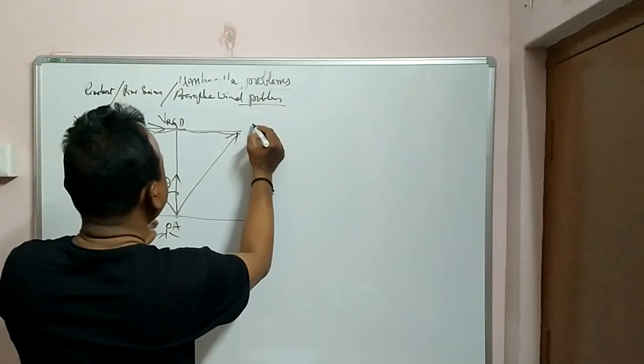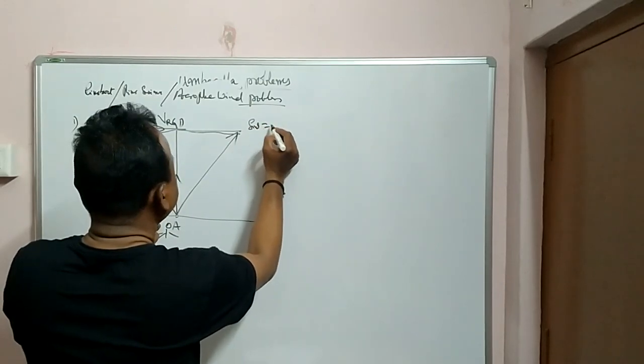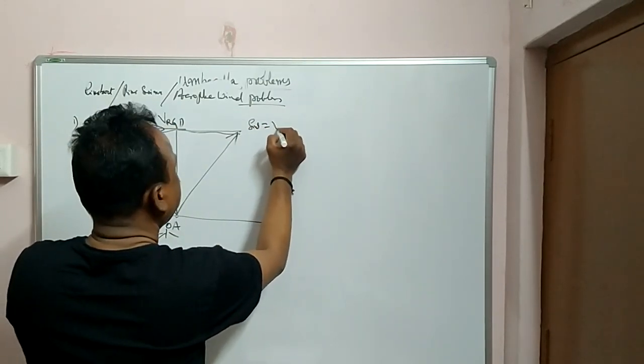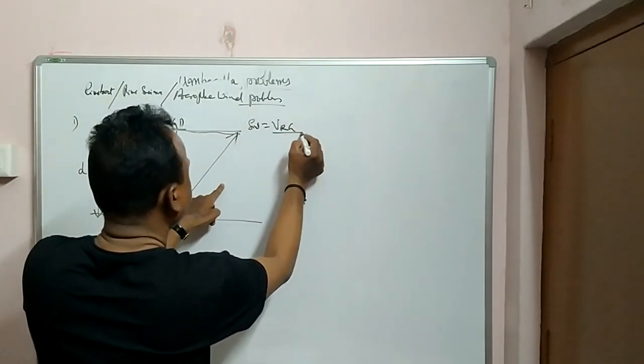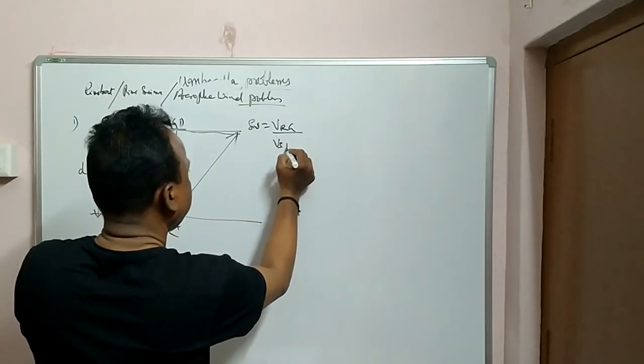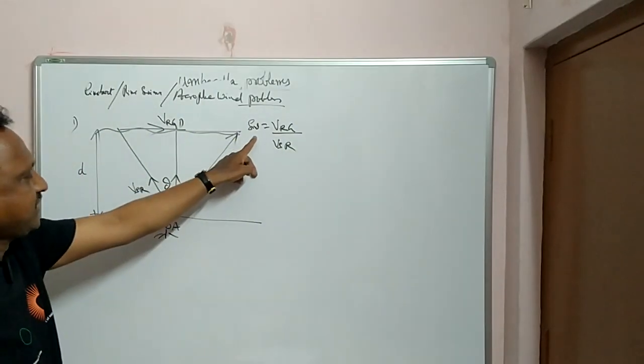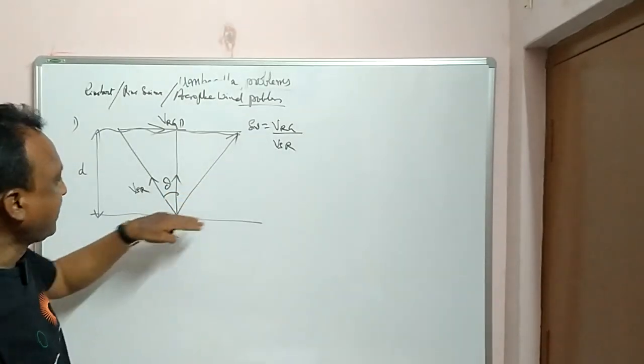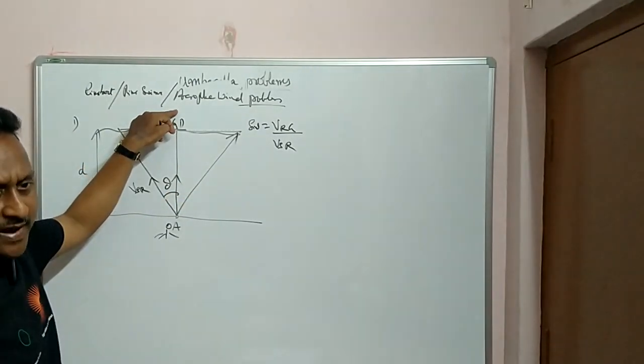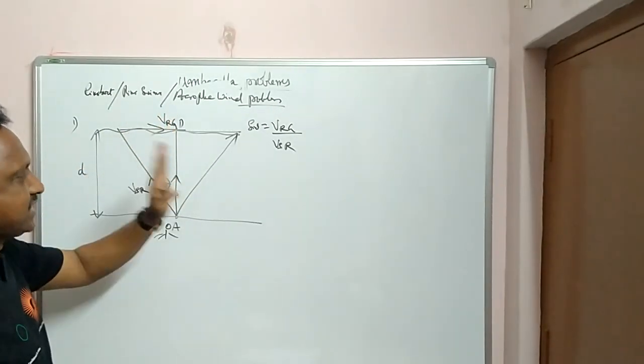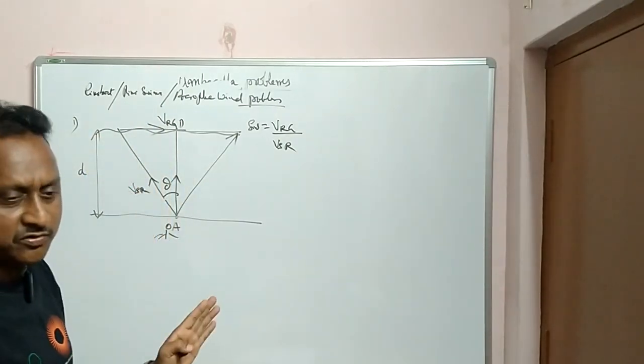So sin theta is equal to opposite by hypotenuse, that means the velocity of the river with respect to ground by the velocity of the swimmer with respect to river. If you go at this angle, the person can reach the other side of the bank. This is the first case, the angle at which he has to go.